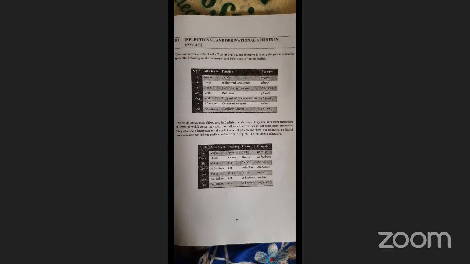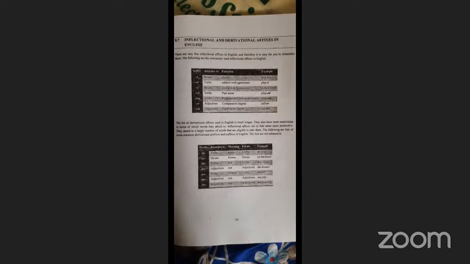That kind of word formation is called derivational, right? Where the word category isn't changing even after the addition of any affix, whether it's a prefix or suffix, then such a kind is called inflectional. That is the main difference between these two.